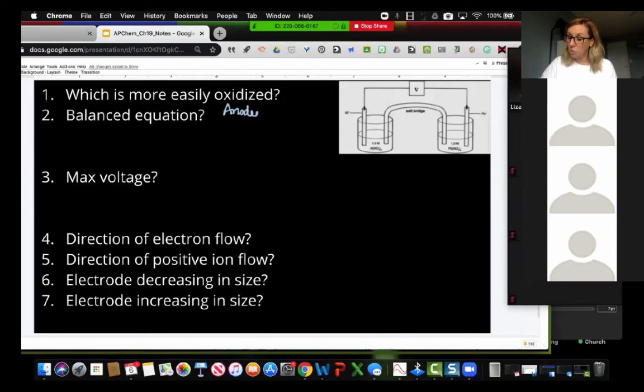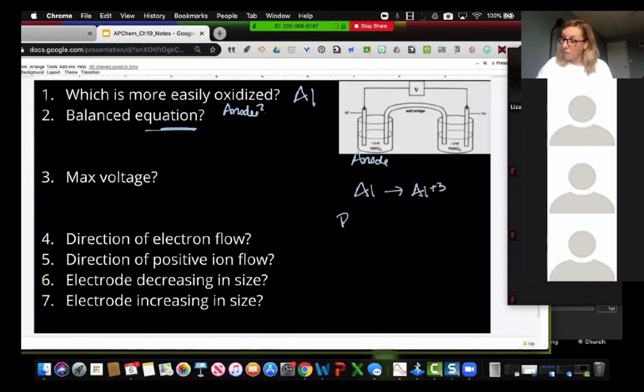They're saying which one of those 2 is the anode. We identified that on the previous page as aluminum, this side over here, that was my anode. Next is the balanced equation, that's why we wrote those 2 equations out. So we did Al goes to Al+3, and then Pb+2 goes to Pb.